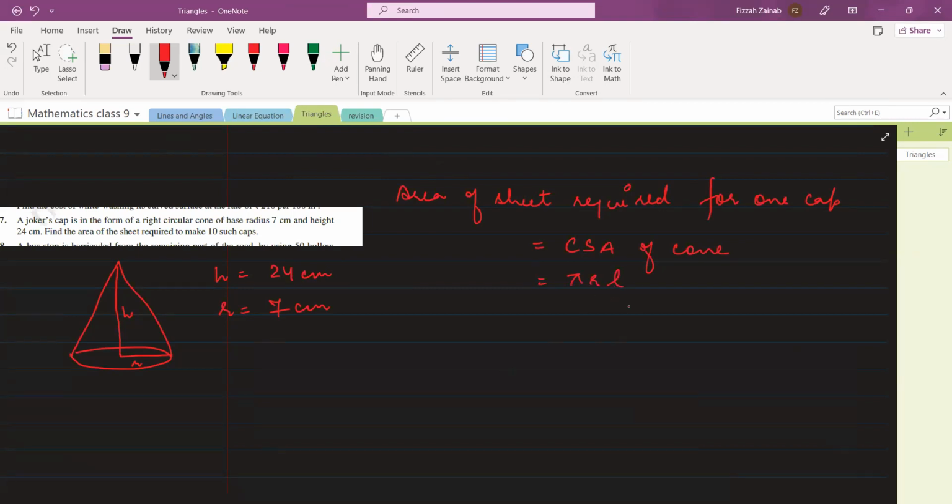So L you can first of all find out separately. So L is under root h square plus r square, which is under root 24 whole square plus 7 whole square. Now tell me how much is 24 square? Quickly tell me.